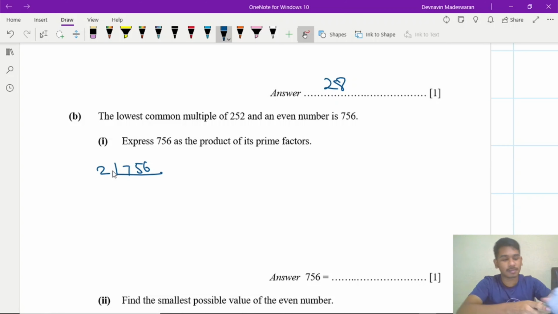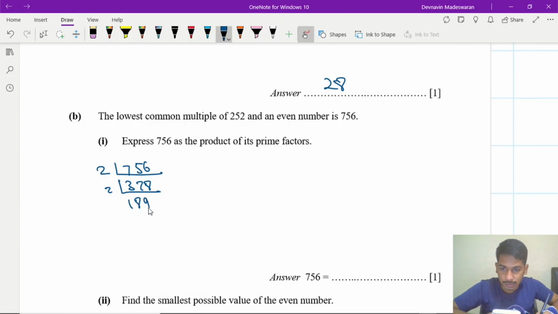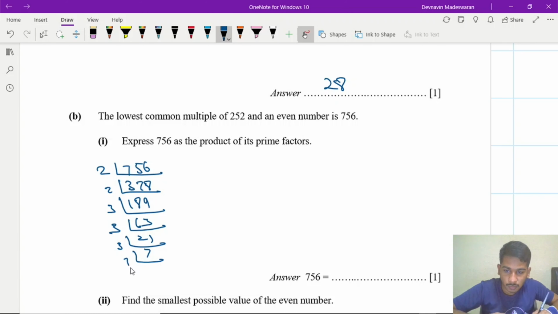Let's start the madness. 756 divided by 2, 378 divided by 2, 189 divided by 3, 63 divided by 3, 21 divided by 3, 7 divided by 7, 1. So it's going to be 2 squared times 3 cubed times 7.